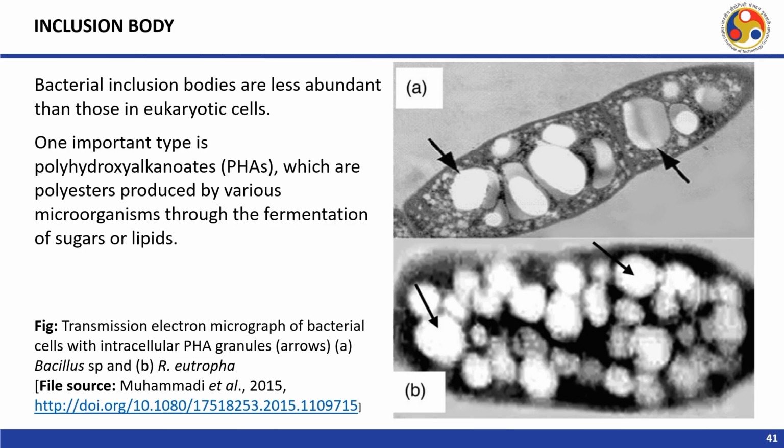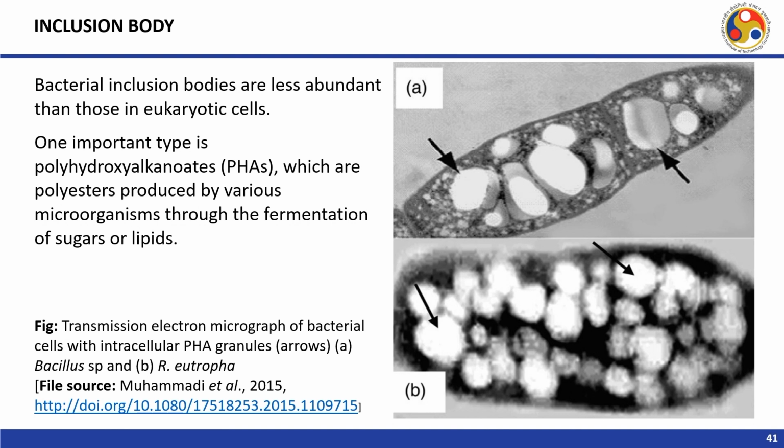Another important component of bacteria are the inclusion bodies. These bacterial inclusion bodies of course are less abundant than those found in eukaryotic cells. One important type is polyhydroxyalkanoates or PHAs, which are polyesters produced by various microorganisms through the fermentation of sugars or lipids.